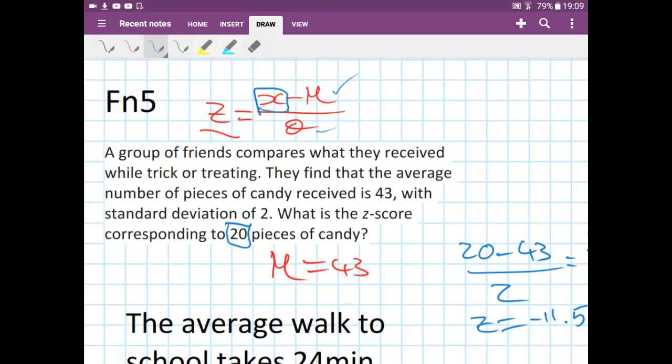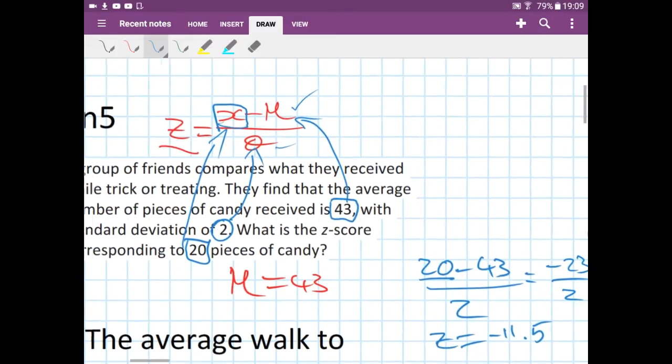That's our x value. So you can see I've written it over here, 20. We were told that the mean, excuse me for mixing up my averages, the mean was 43, and we were told that the standard deviation was 2. So here's my x value, there. This is my mu value, there, and this is my standard deviation.